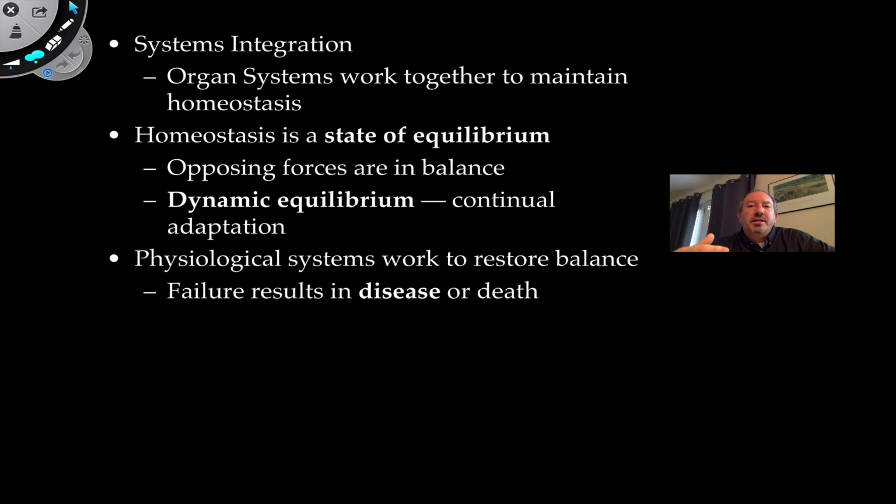In conclusion, all the organ systems of the body work together to maintain homeostasis. That's the take-home message from this video: the state of equilibrium is very important. And there are opposing forces. I mentioned in that little video the hormone insulin, which lowers blood sugar and stores it in the form of glycogen.